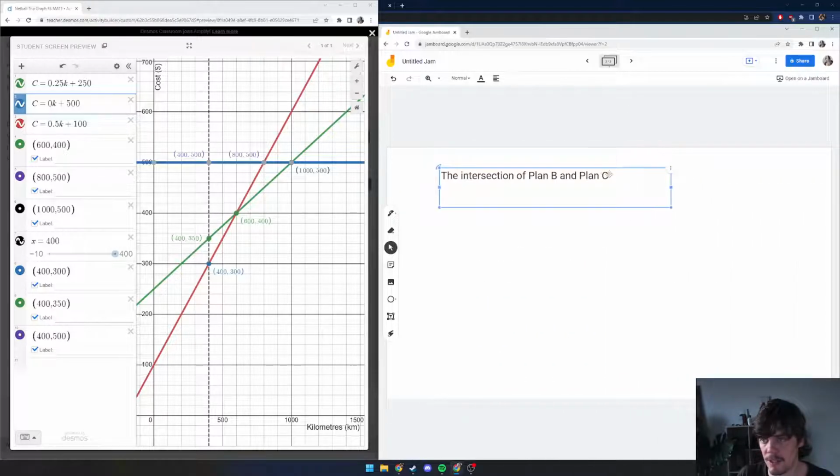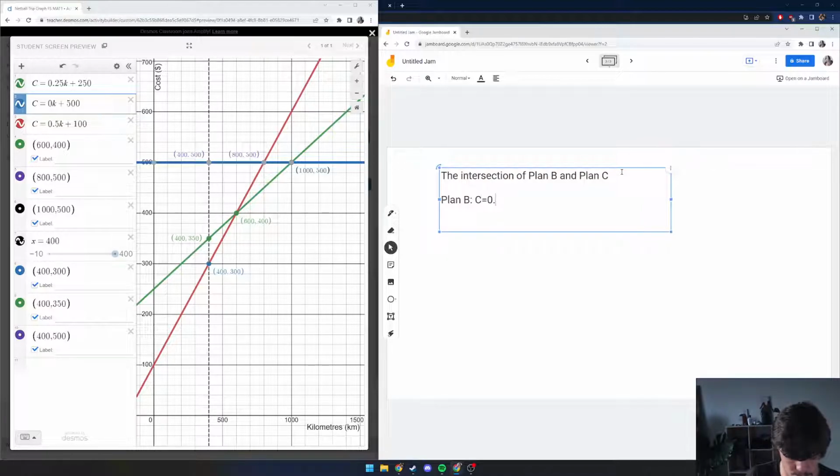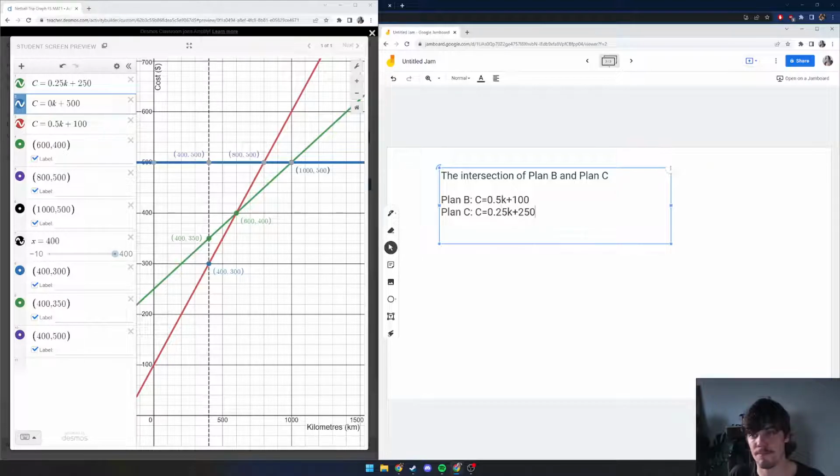So plan B is C equals 0.5k plus 100, and then plan C, the green one, is C equals 0.25k plus 250.